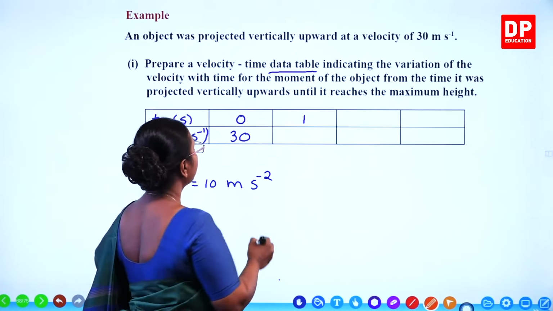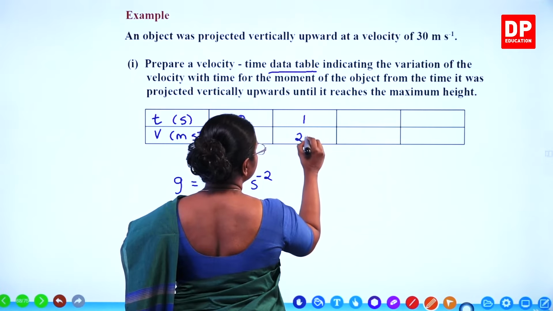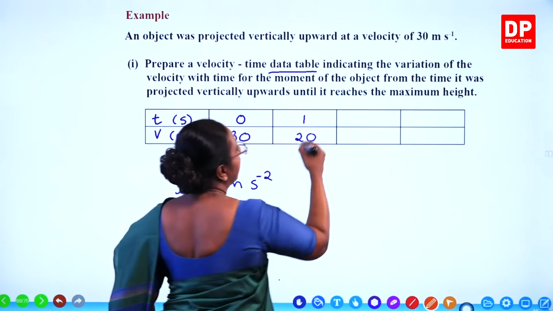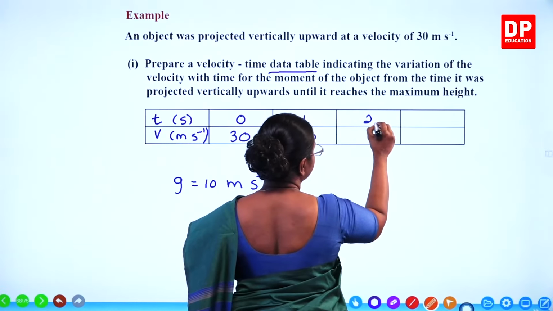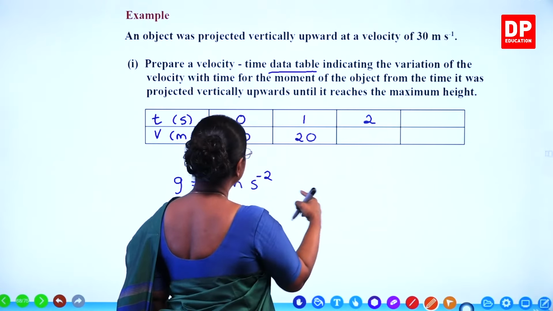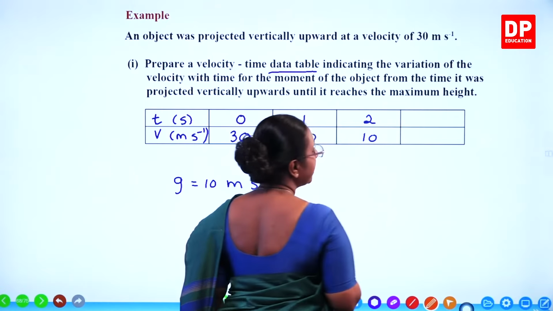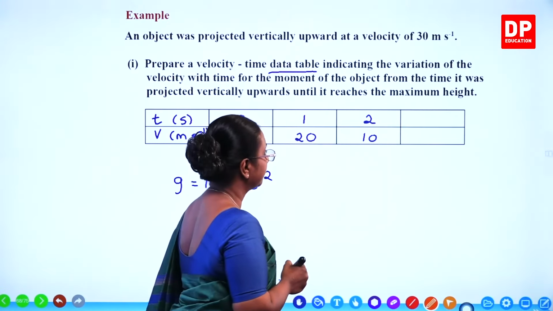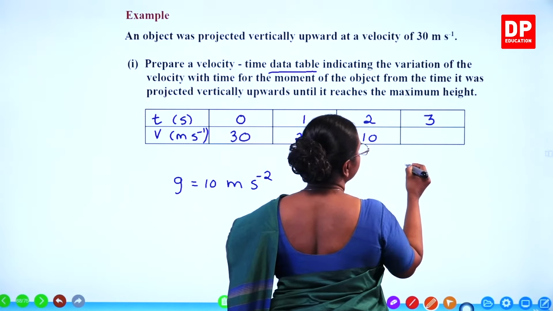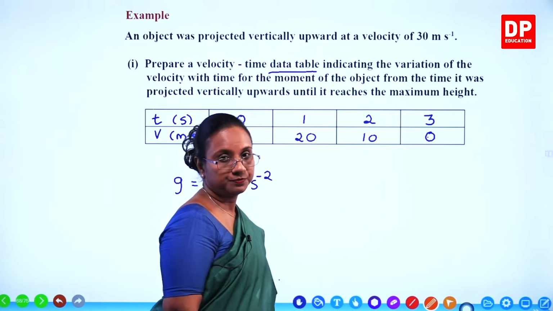So at the end of 1 second, the velocity will become 20 meters per second. At the end of the second second, the velocity will decrease by 10, so it will become 10 meters per second. And finally, at the end of 3 seconds, the velocity will become 0.